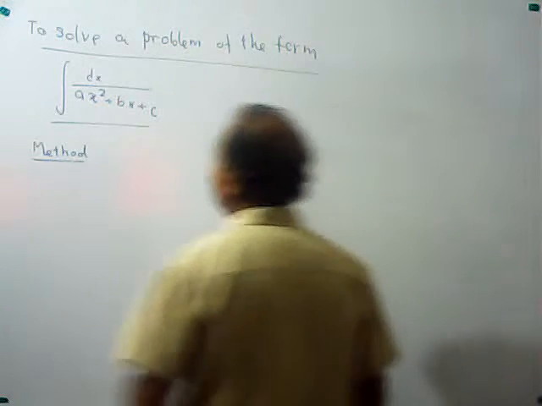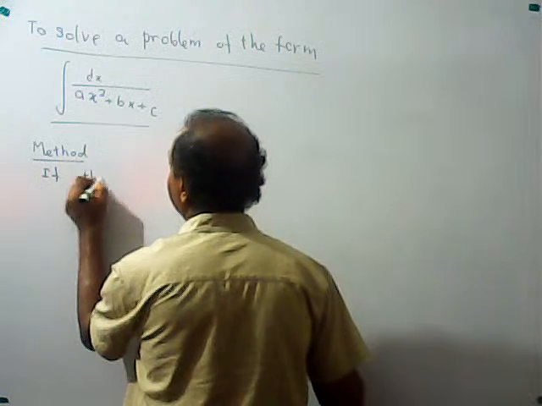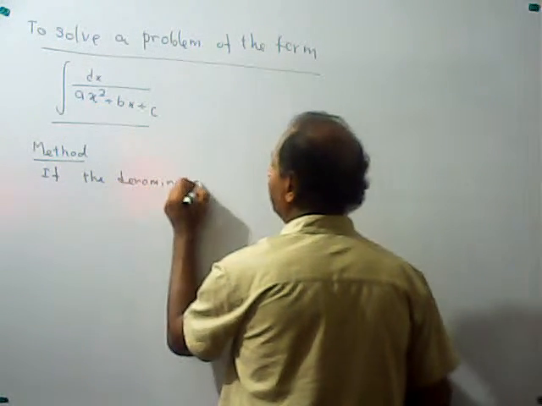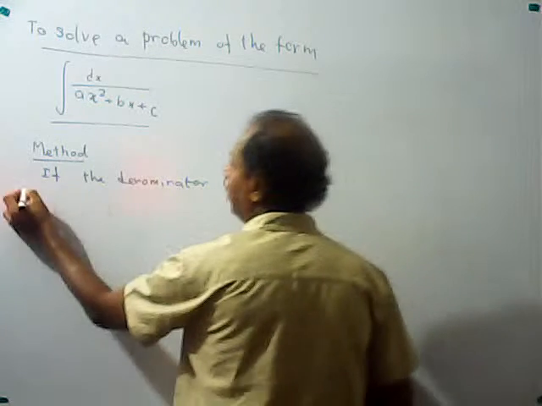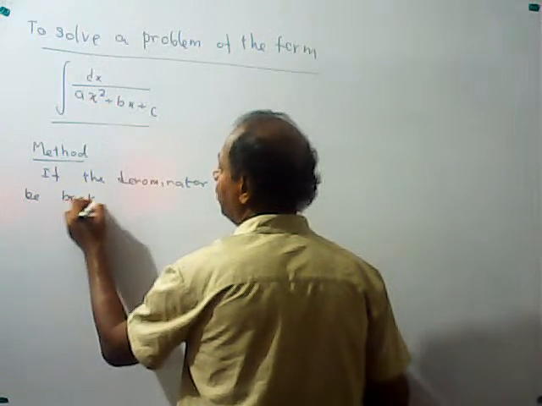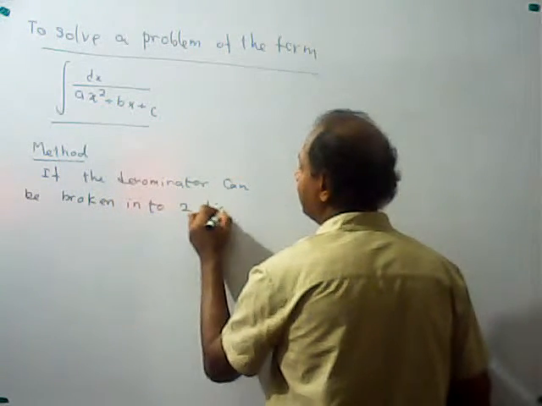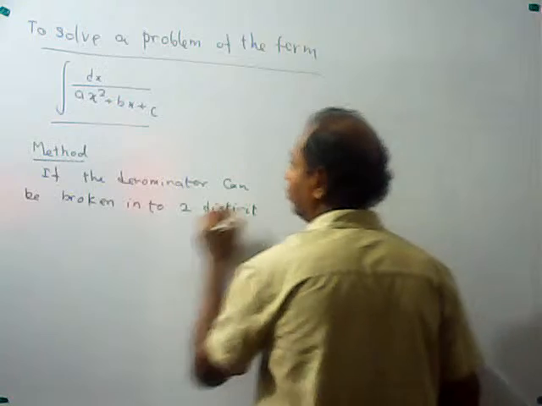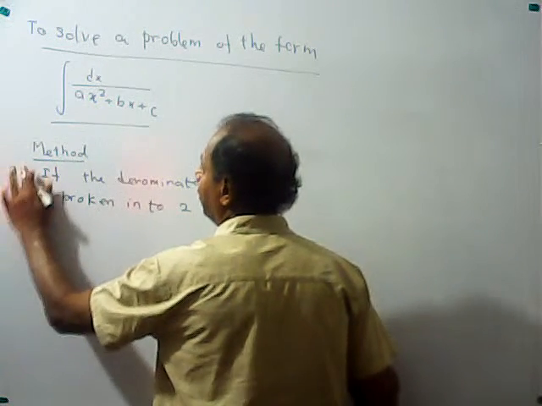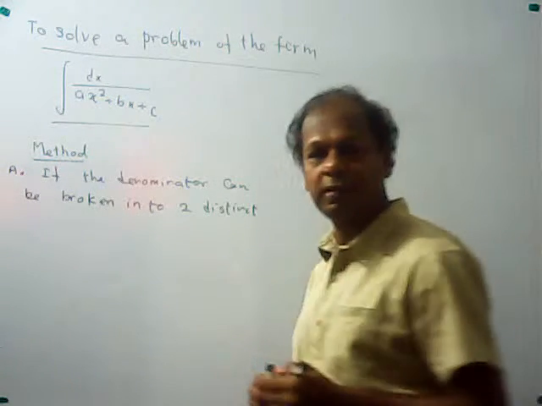Method. If the denominator can be broken into two distinct factors, there are three cases.